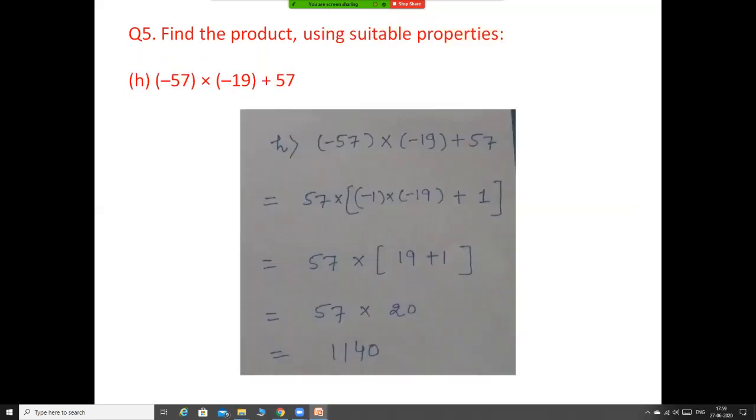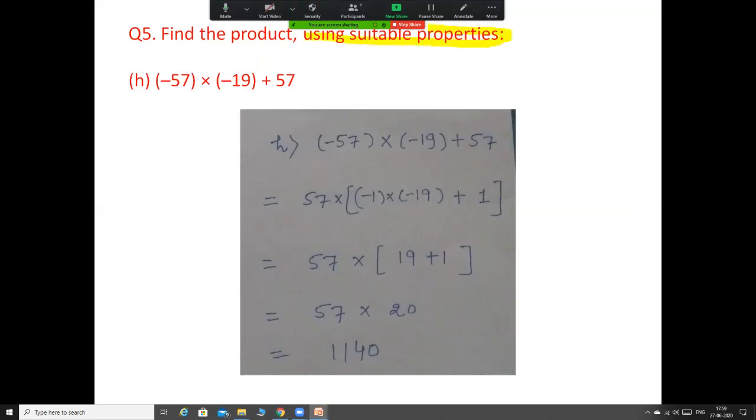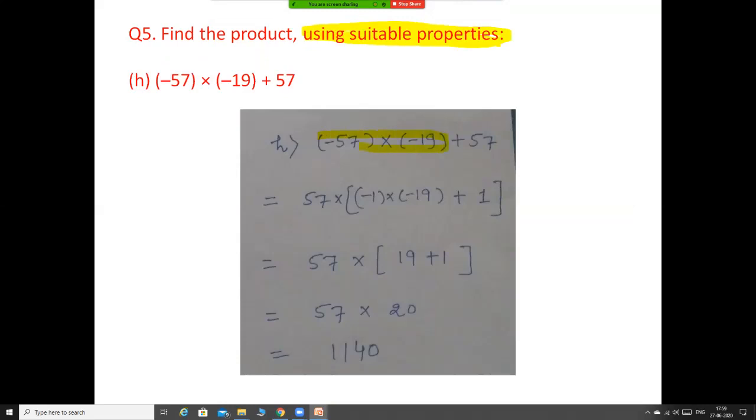Now next part, H part. Again same thing, using suitable properties, find the product. Minus 57 into minus 19 plus 57. So first of all, how many terms are there? There are 2 terms.